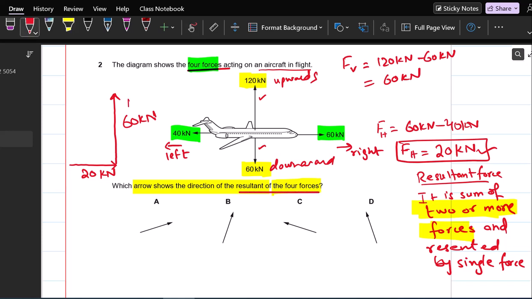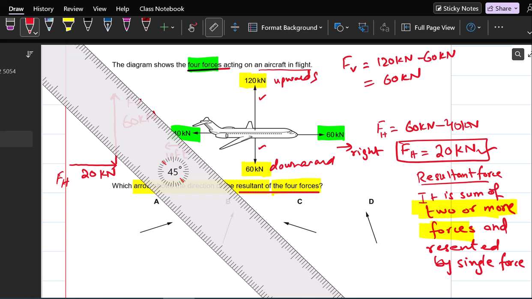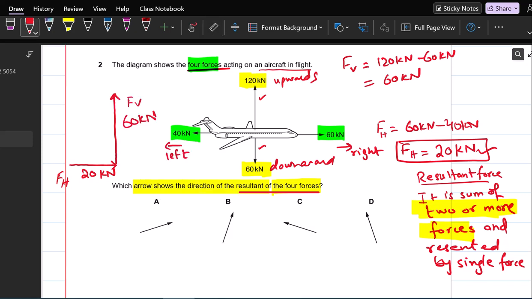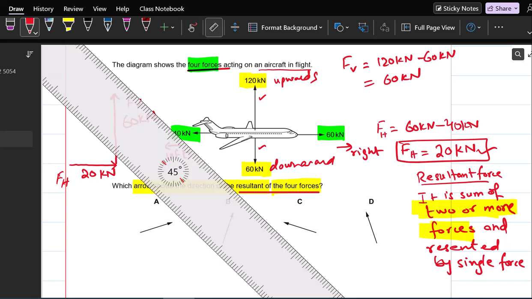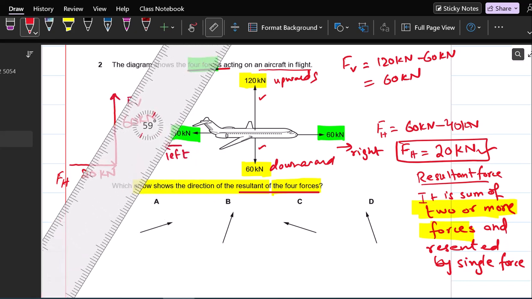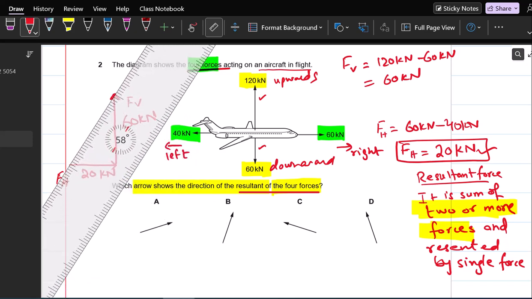First I solved the resultant of vertical forces and the resultant of horizontal forces. Now I have to draw the resultant according to the tip-tail method. So it will be somehow like this. So this will be the resultant, tail to tip.